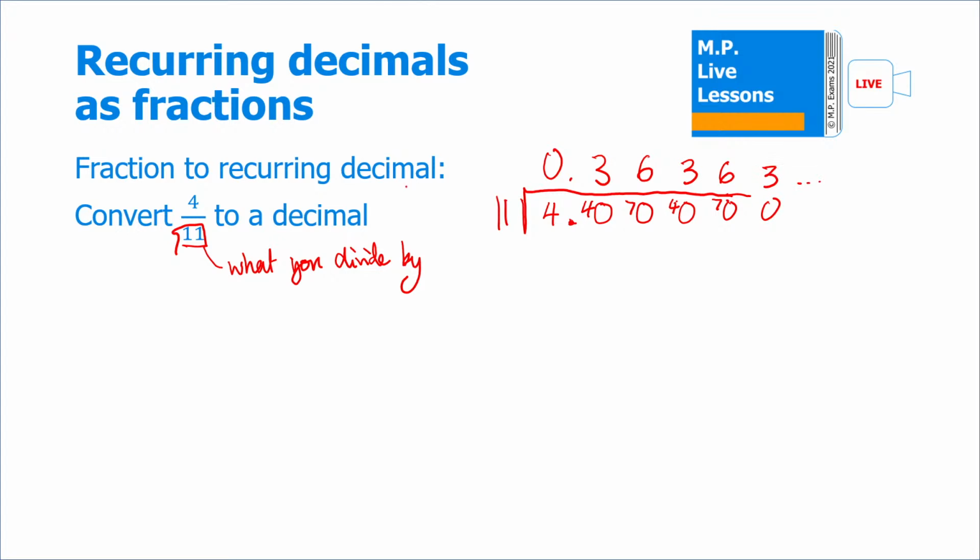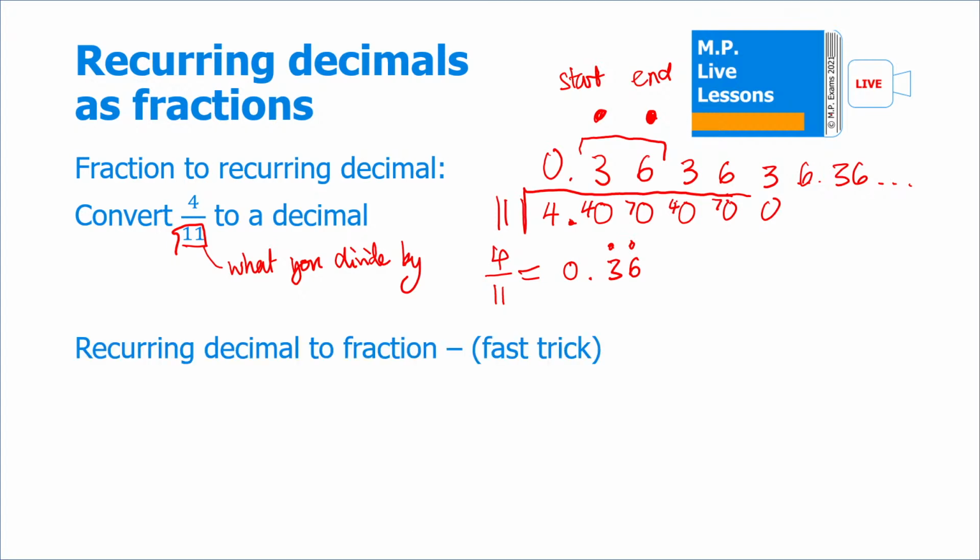So we can see, as a result, we've got this bit that keeps repeating. If we keep dividing, we'll just keep getting 3, 6, 3, 6, and so on. So this bit that's repeating is marked by 2 little dots. The first dot is the start of the repeating unit, and the second dot is the end of the repeating unit. So this would be written as 4 over 11 is 0.36 recurring, like this, the 2 dots over both.